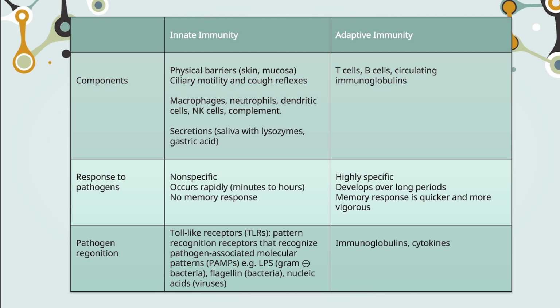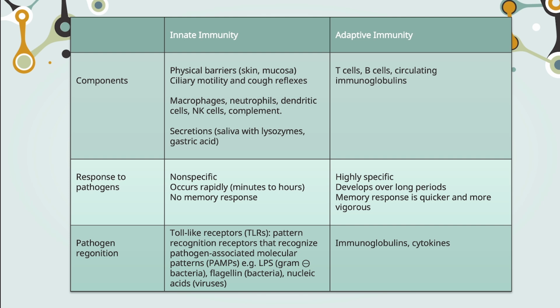It will be highly specific, and that response won't be the same to another bacteria. It will be completely different and unique. The immunoglobulins produced against one strain of streptococcus won't be the same as those against another strain. So that's why adaptive immunity is highly specific.